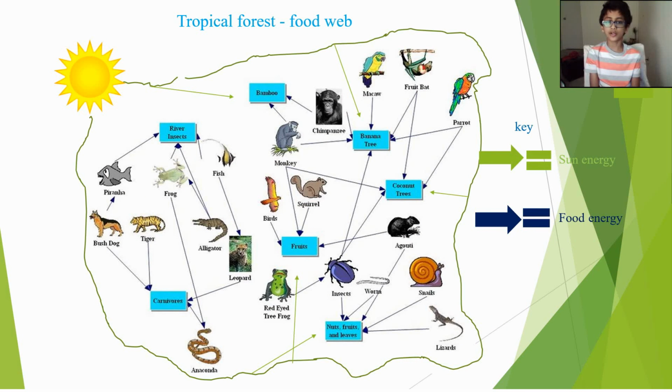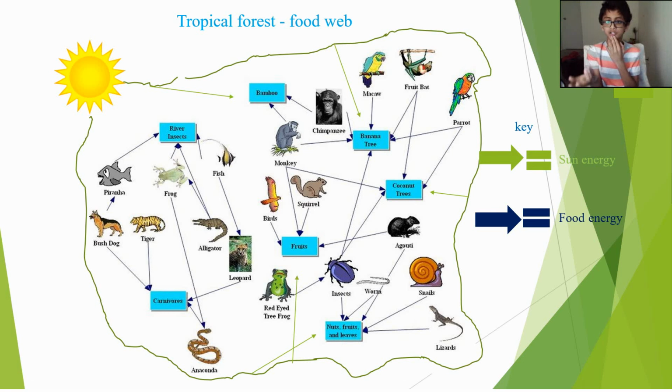So now we're going to go on to the final slide before the conclusions, the tropical forest food web. So here we have the key. You can see that the first green arrow is sun energy, and the second blue arrow is food energy. So here is the food web. Here first we have sun energy. It wraps around the whole entire food web, and the food energy is in the middle.